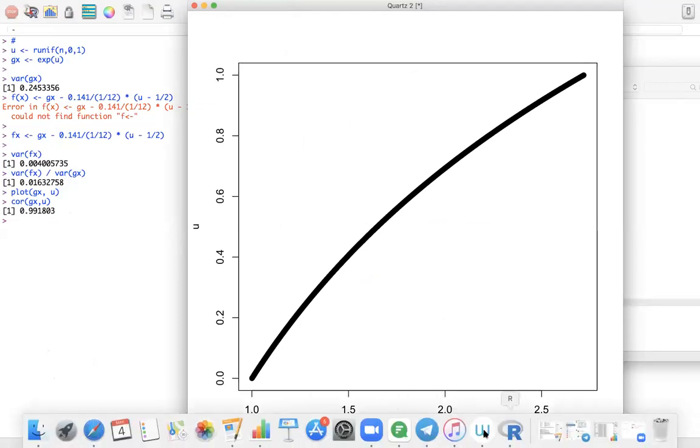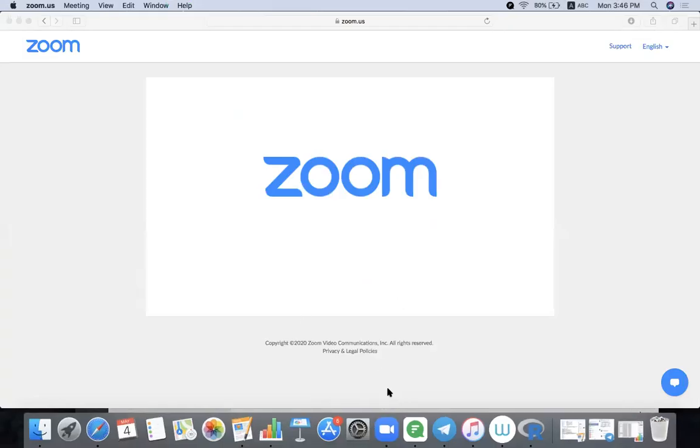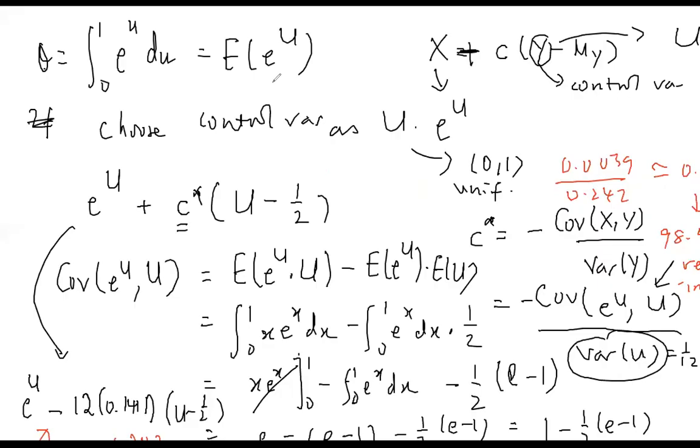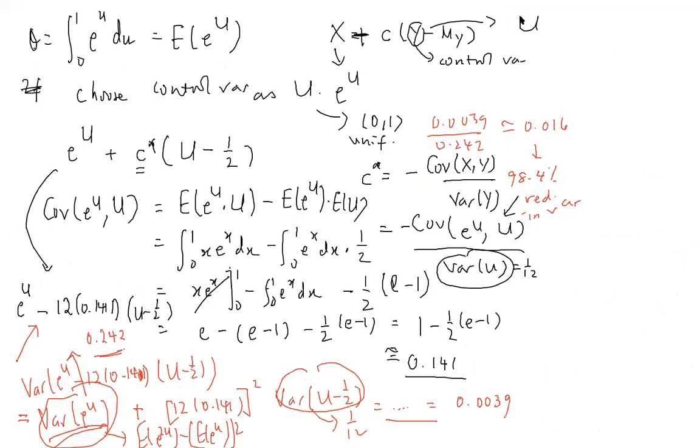So in this case, why is it almost 1? Can somebody explain? We have this observation that the correlation of e power of u with u is almost 1. Why?